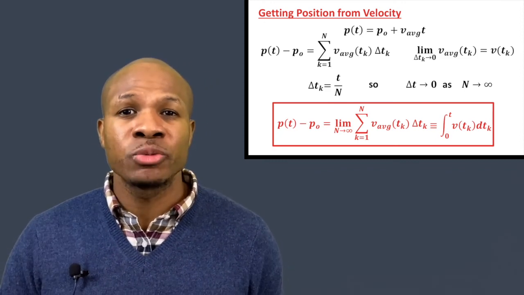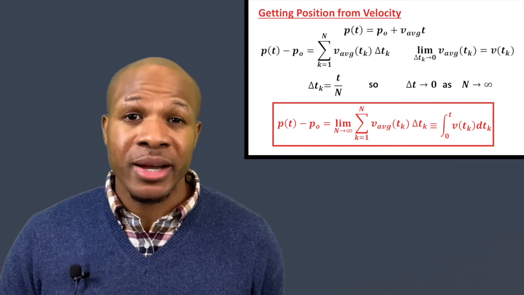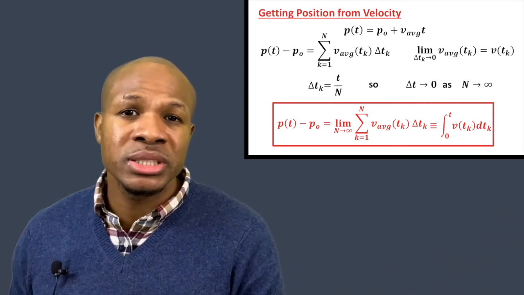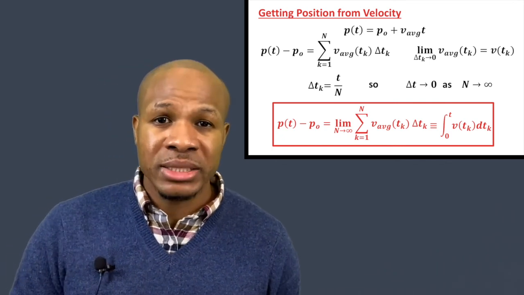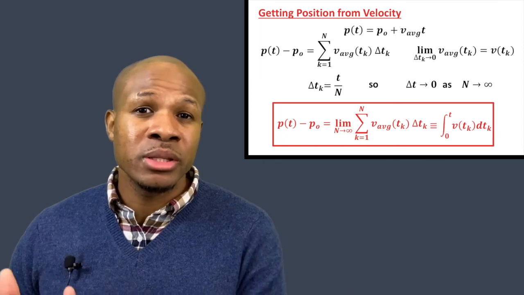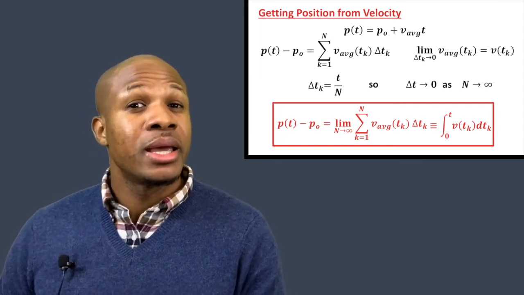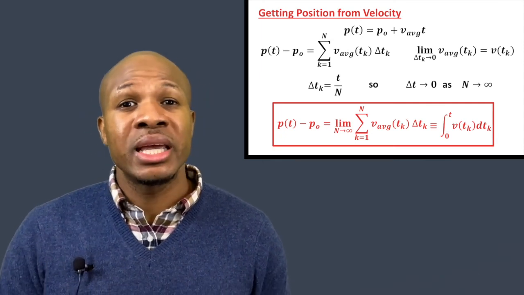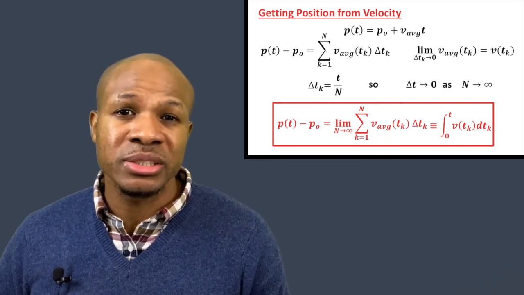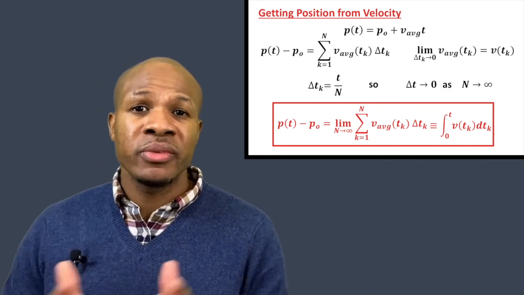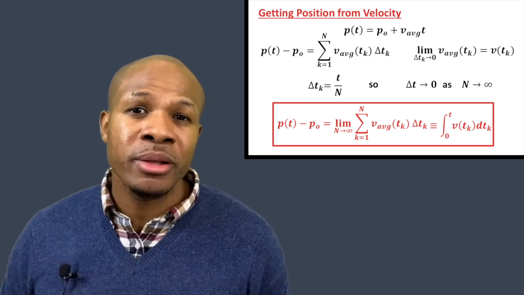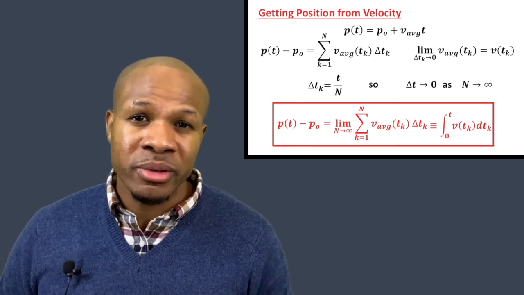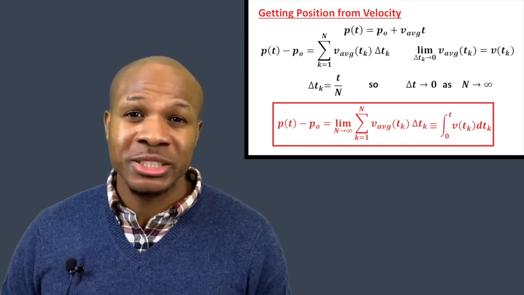And this is what is called the fundamental theorem of calculus. It is the link between the position function and the velocity function. So the velocity was the derivative of the position function, and the position function is the integral of the velocity function. And this relationship between position and velocity is what calculus was all about. And we have just derived it for ourselves and made sense of it as best as we can.